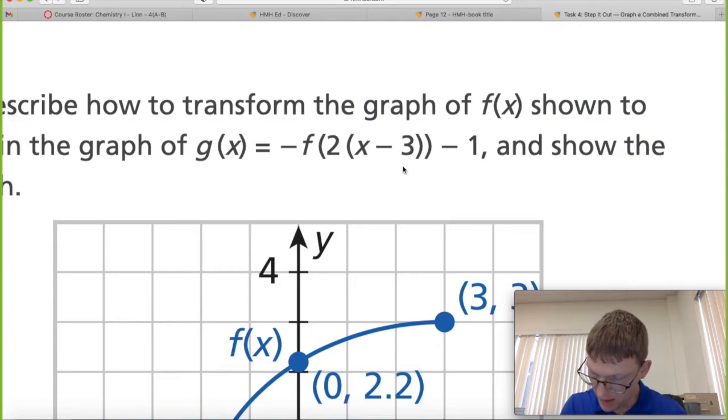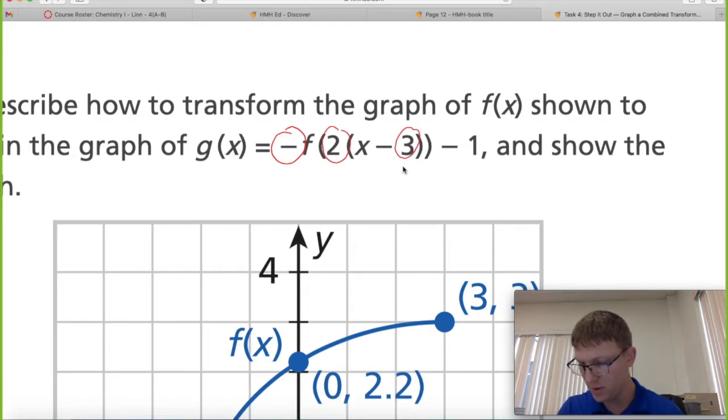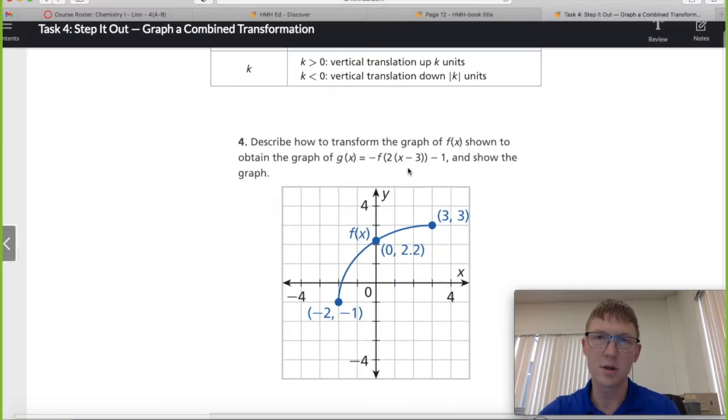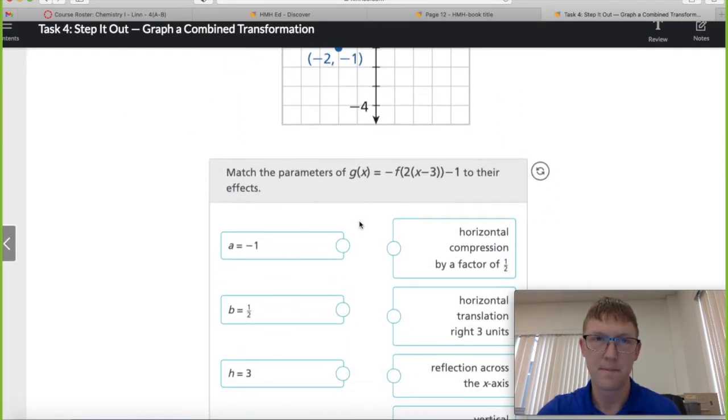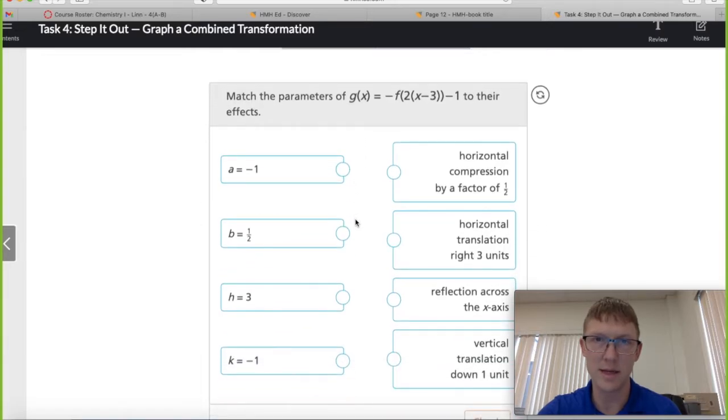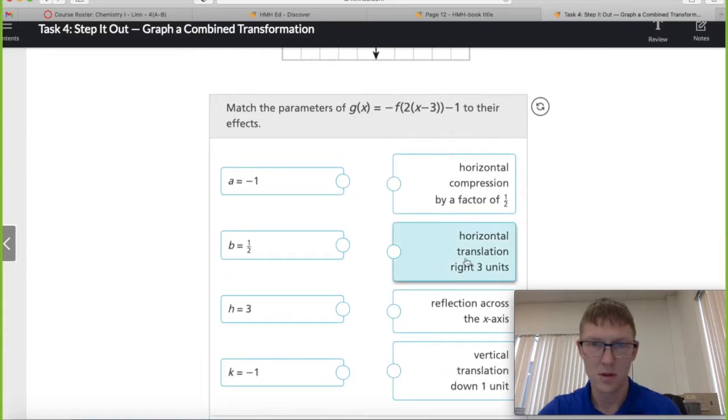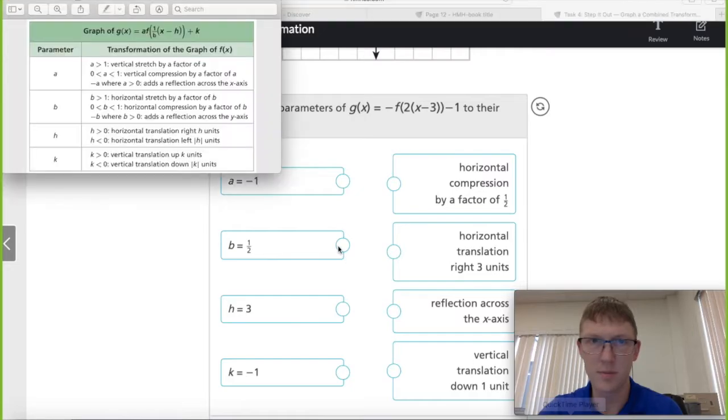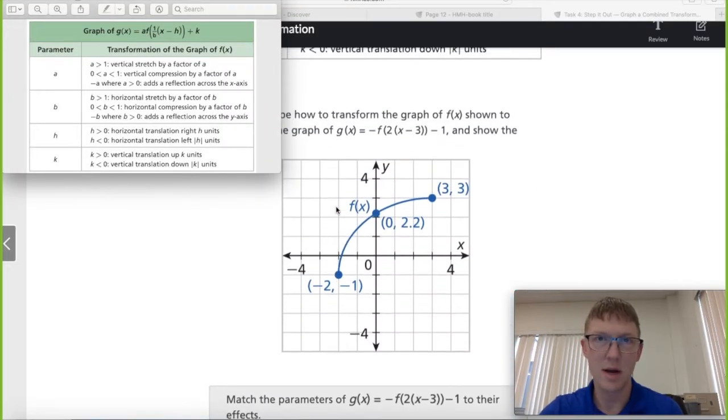We've got a negative, we've got a 2 inside of the function, and then we have an x minus a number, and then outside of the function we have another thing right there. So if we were to look at this, let's pull up this guy right here.